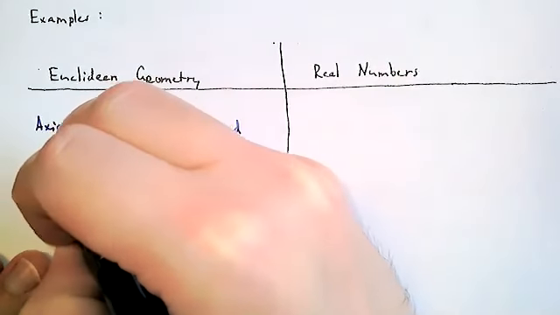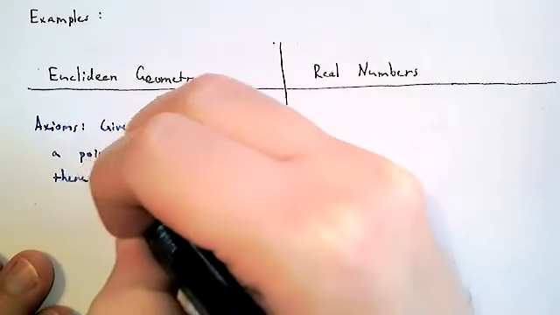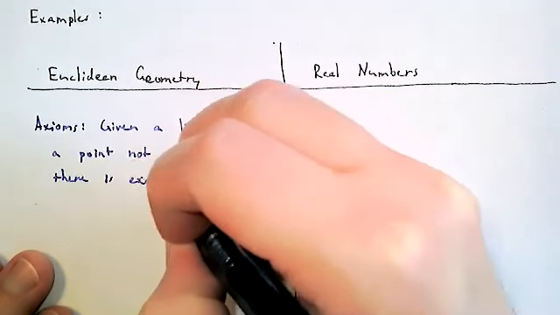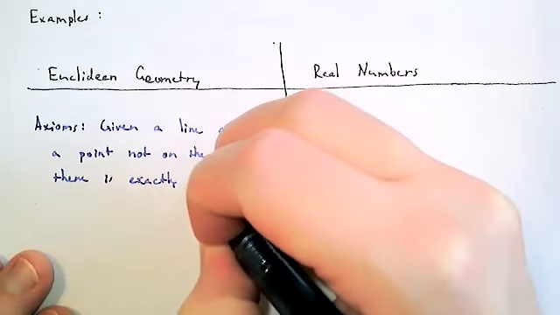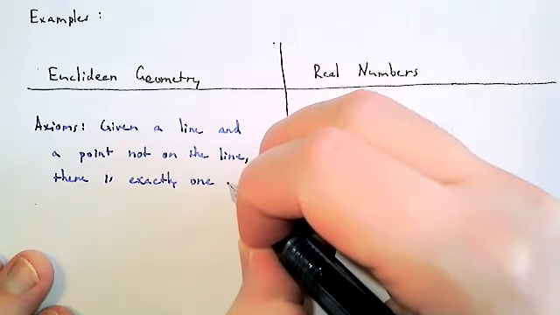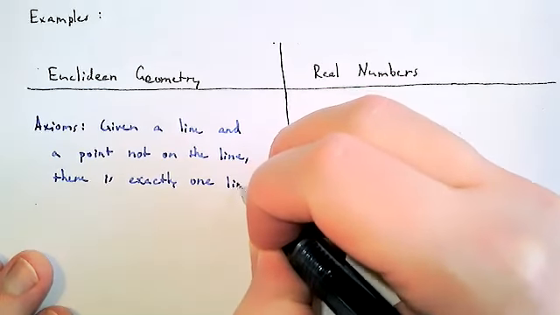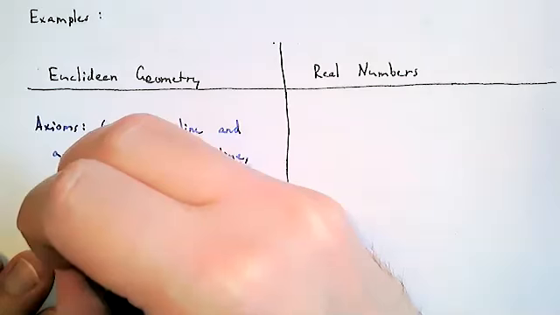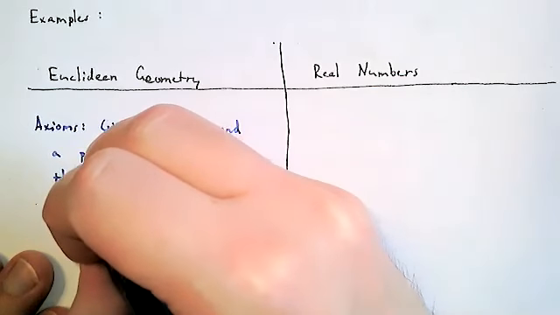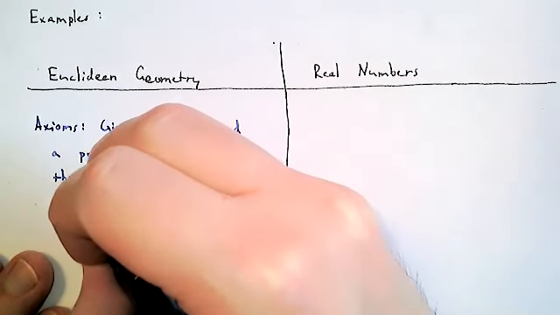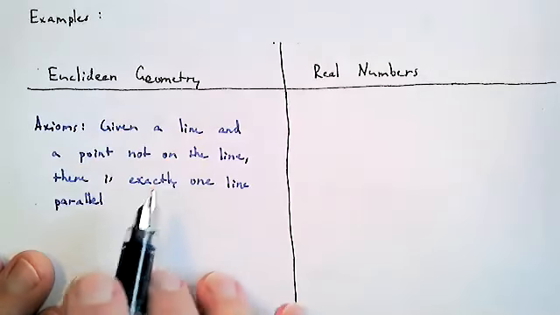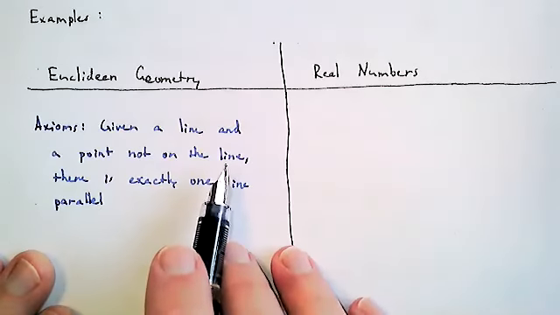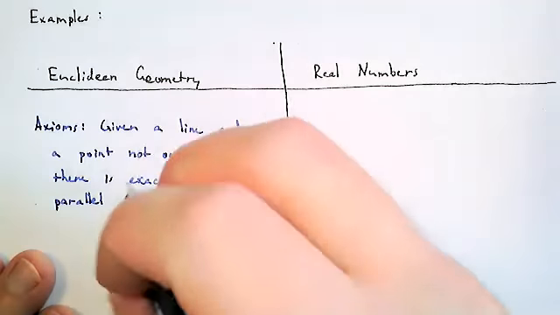And in fact, this axiom says there is exactly one parallel line, parallel to the original line and through the given point.